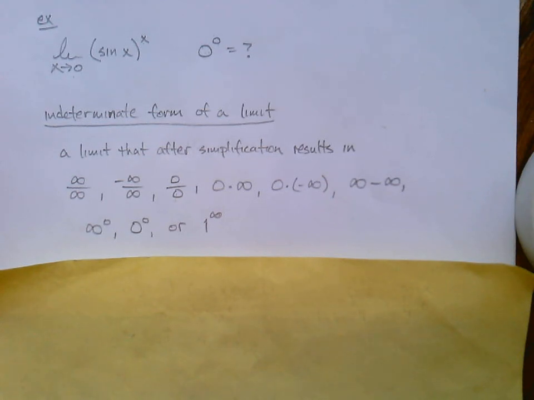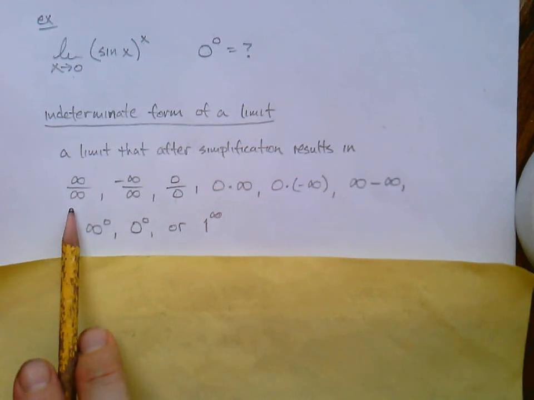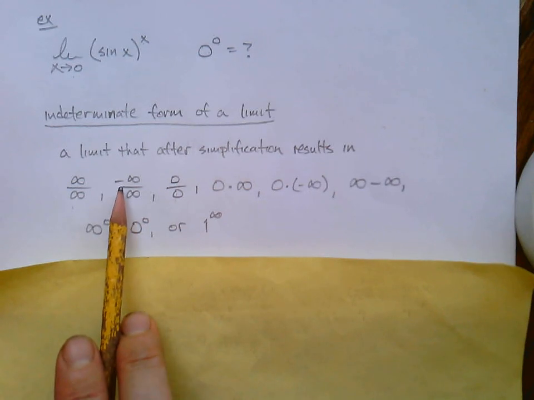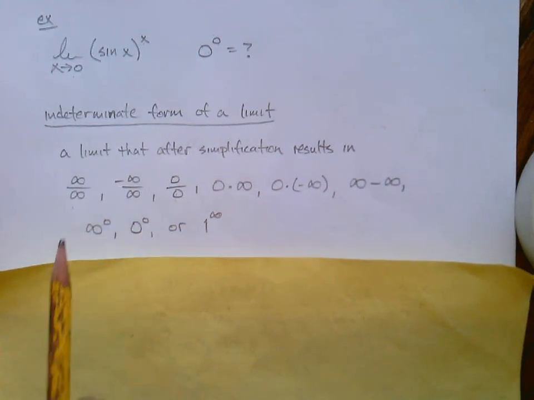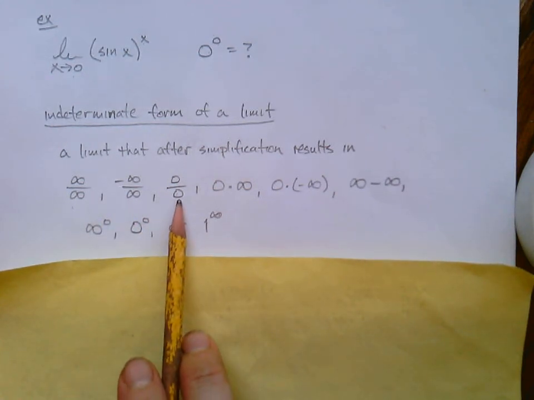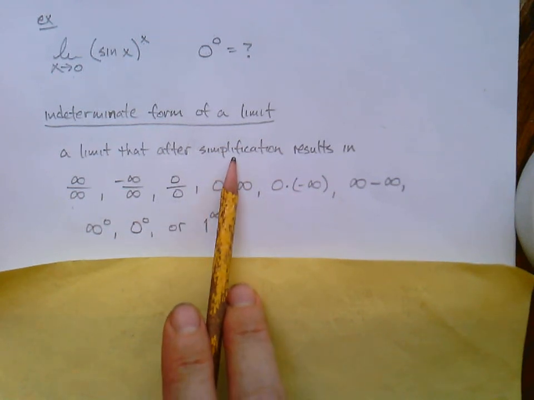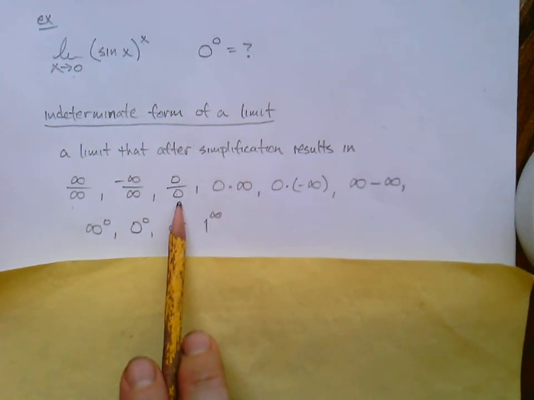We cannot determine what the answer to this limit is. It's a limit that after simplification results in one of these cases. So it could be infinity over infinity, which we saw a moment ago. There could be negative infinity over infinity, right? That's no better. 0 over 0. If it's already been simplified, then that's indeterminate.